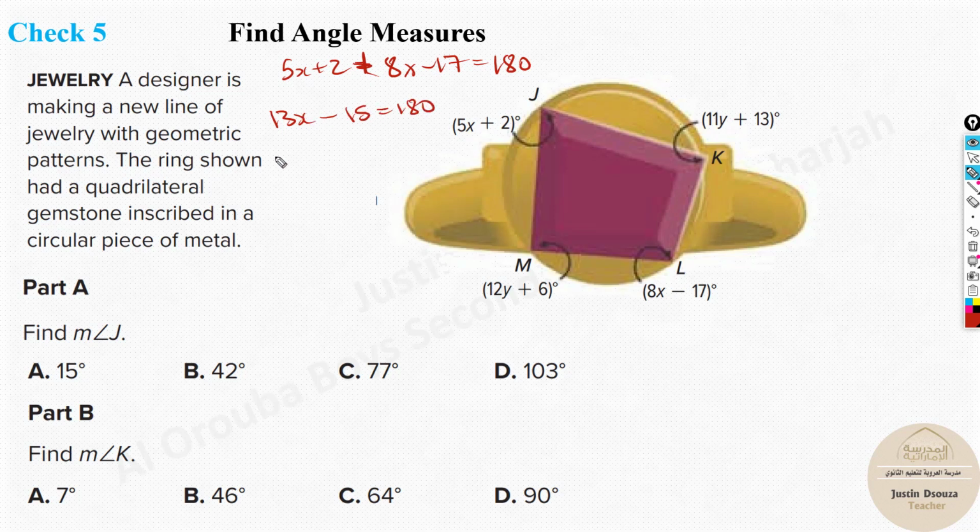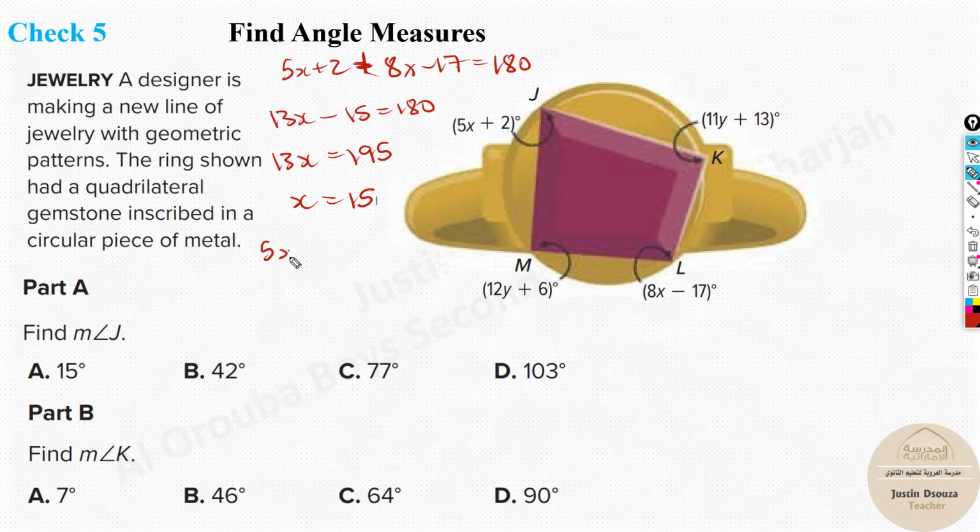Now take this to the other side, it will be 13x is equal to 195. Now this is 130 plus 65, so x will be 15, because we know half of 130 is 65, so it will be 10 plus 5, 15. x is 15.